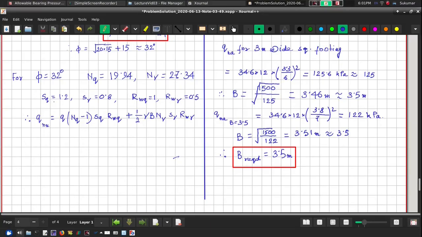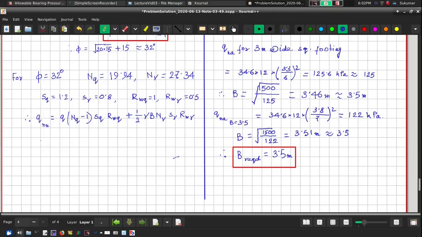And by using shape factors, because it is a square footing, I need to consider the shape factors. We will neglect the depth factors for safety, and also since the load is vertical, inclination factors will be 1, and because water table is at the foundation level, I will have to consider the water table correction factors. RWQ will be 1 and RW gamma will be 0.5 because the water table is at the foundation level, and therefore my net ultimate bearing capacity will be given by this.